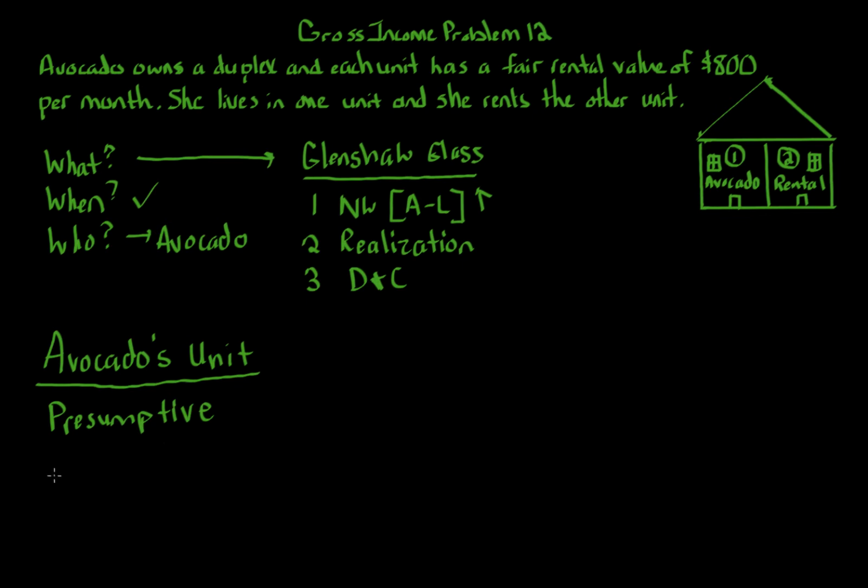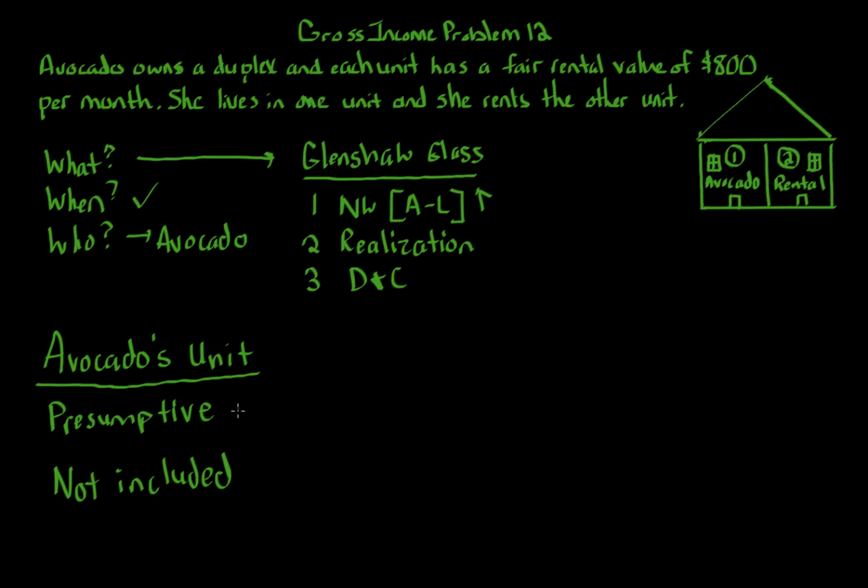It's not included because of the administrative concern. Imagine if Avocado had to record every single thing that Avocado did, cook, clean, because presumptive income also includes services that the taxpayer performs for himself or herself, because you could charge someone else for those services, but you do these services for yourself as well.